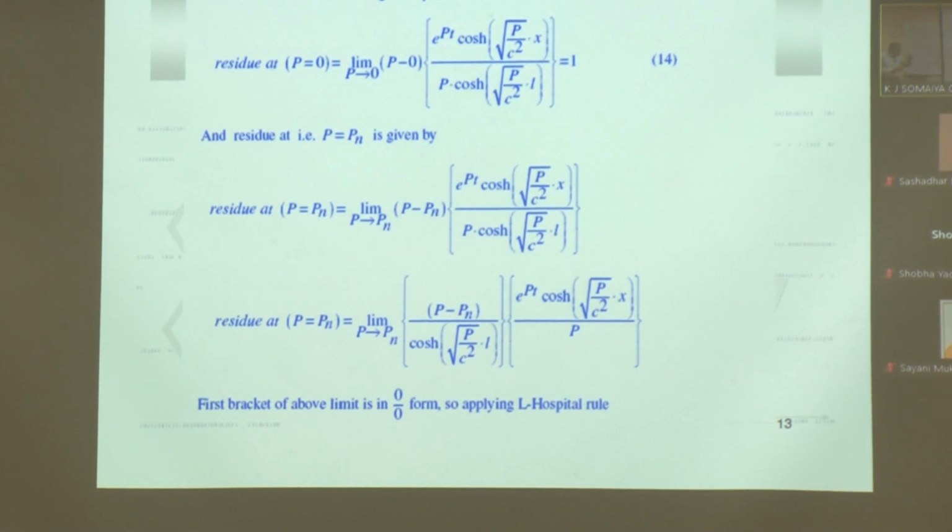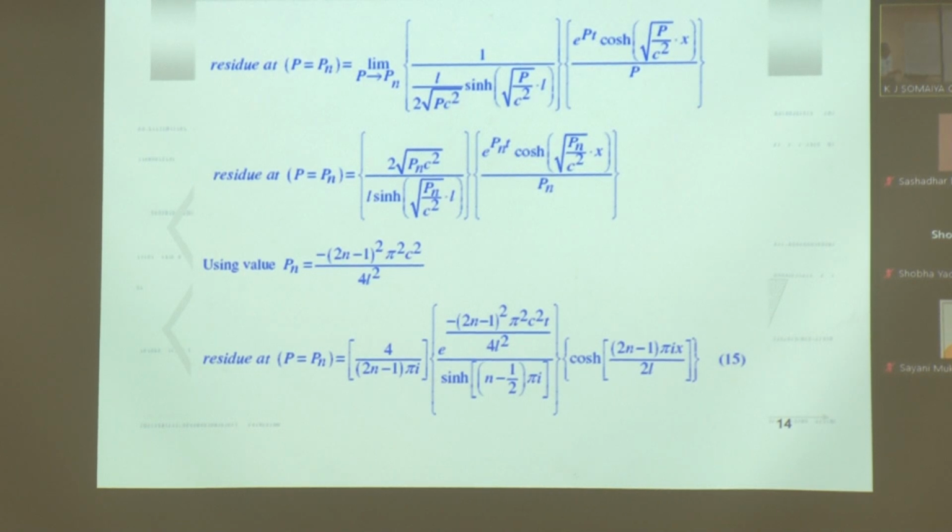After writing the expression in this form, the first bracket is in 0 by 0 form, because we are taking the limit as p tends to pn, and p equals pn is the pole of this particular expression. The second bracket I can directly evaluate at p equals pn, and it will not make any singularity.